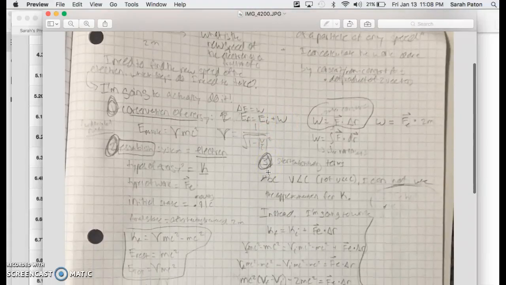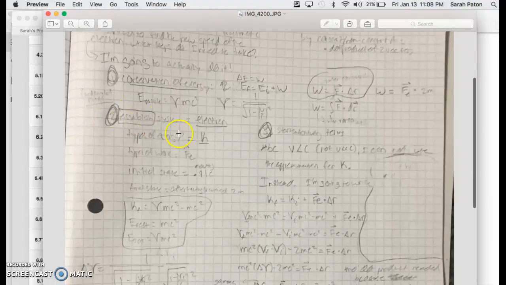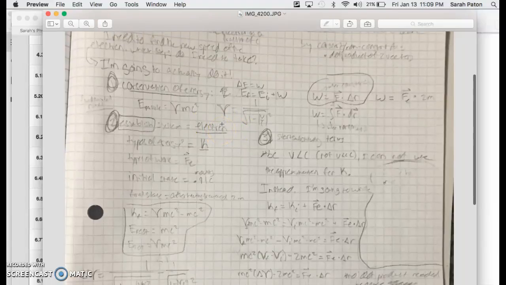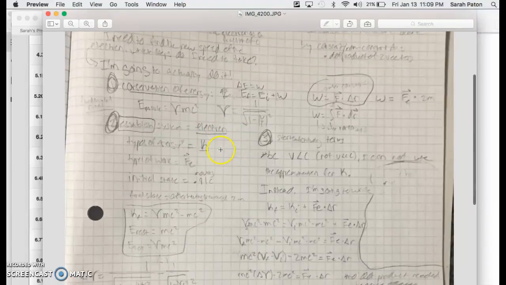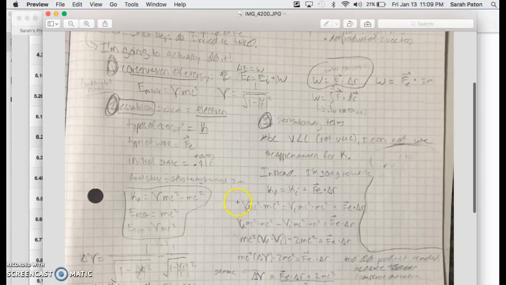Next, I established my system and certain things within my system. My system was going to be my electron. My types of energy, I was just going to have K. My type of work was just going to be F_e. My initial state was when the electron was moving at 0.91c. My final state was after the electron had gone 2 meters.